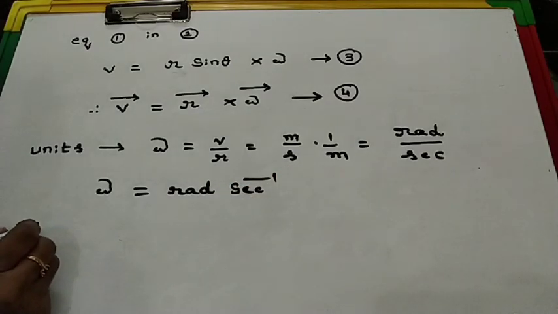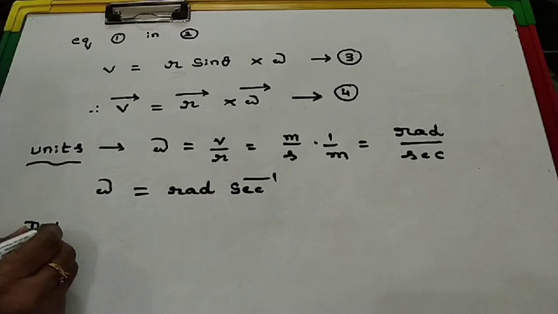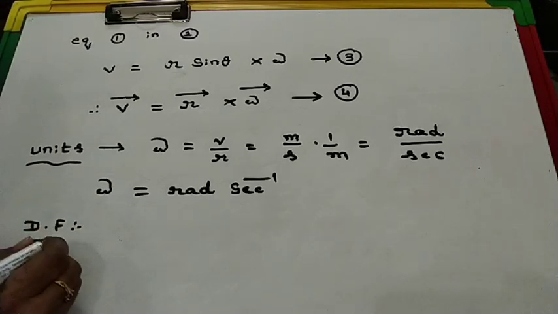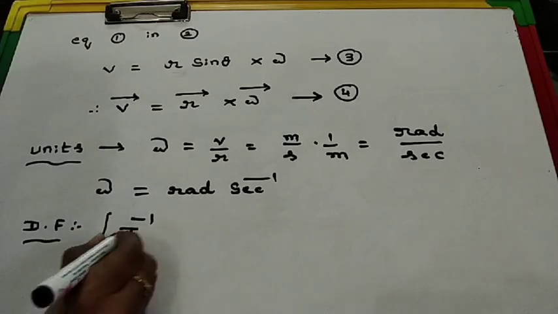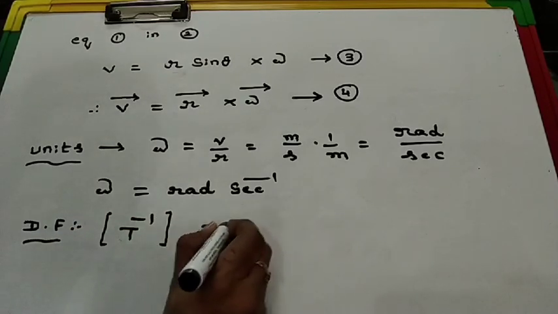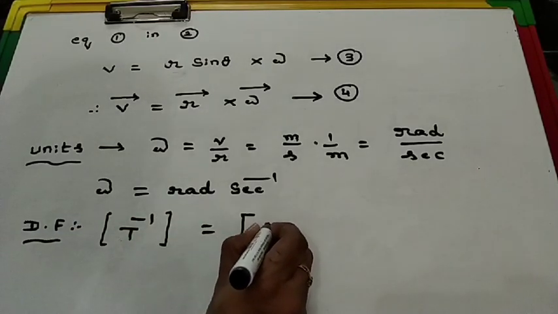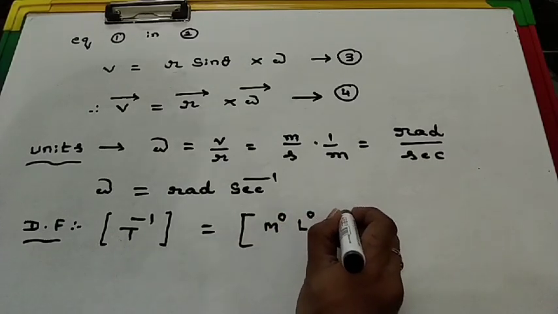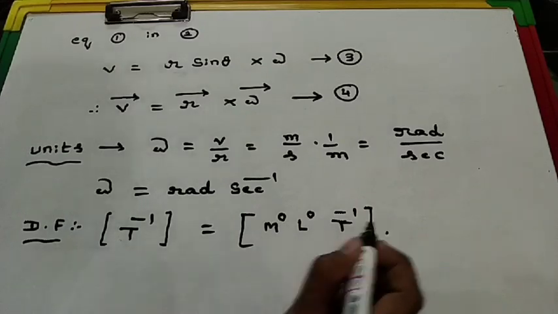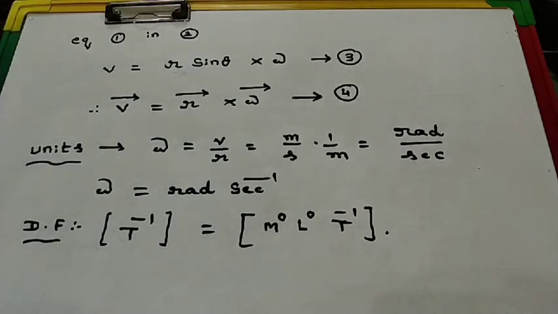Now, dimension formula. What is the dimension formula? T to the power of -1, or M0 L0 T to the power of -1. This is about the relation between angular velocity and velocity.